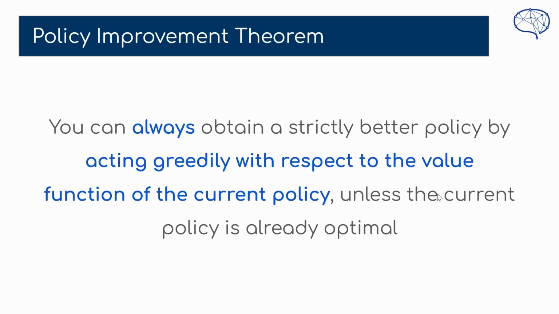So we have this theorem: you can always obtain a strictly better policy if you act greedily with respect to the value function of your current policy, unless the current policy is already optimal. So this is kind of a summary of what we just did.